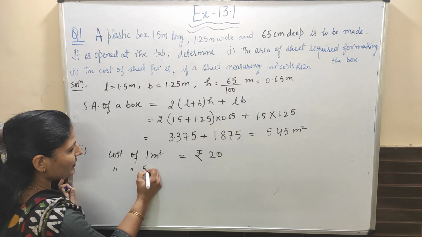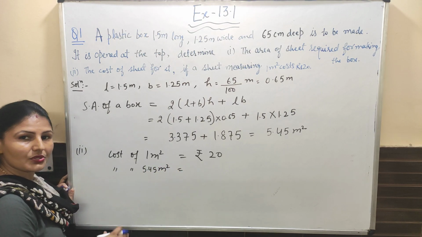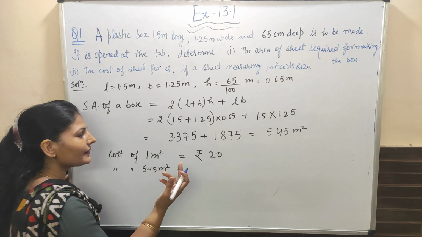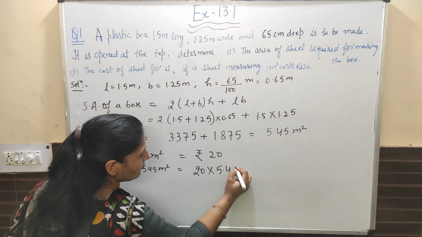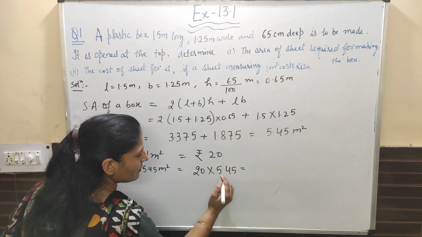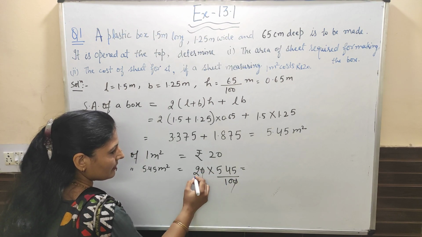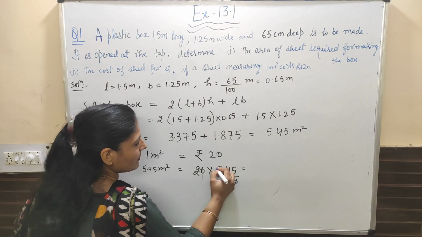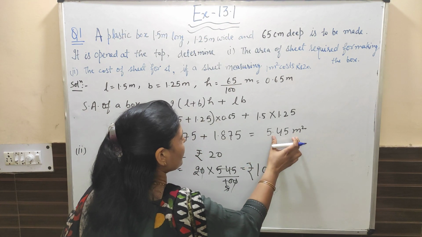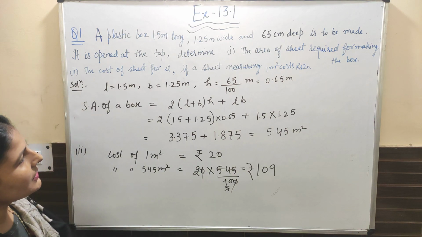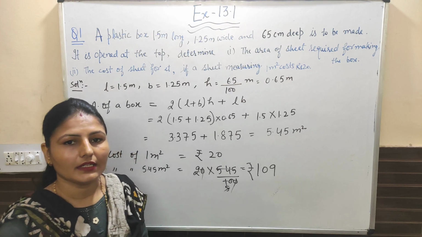Cost of 5.45 meter square will be, क्या करते हैं हमेशा कॉस्ट फाइंड करने के लिए मल्टीप्लाई कर देते हैं रेट से, 20 into 5.45. You can remove this decimal and put 100 here, and you will get 109. It means cost of sheet for this area will be rupees 109.